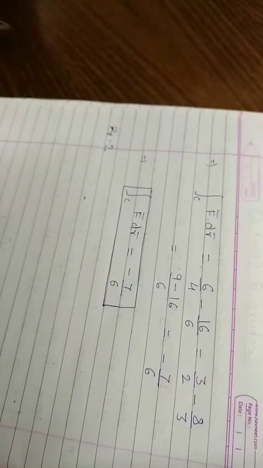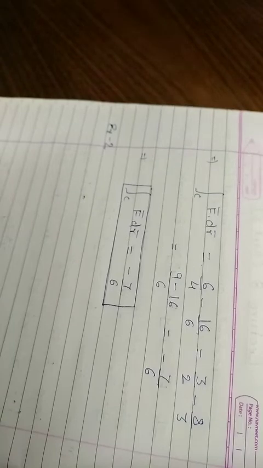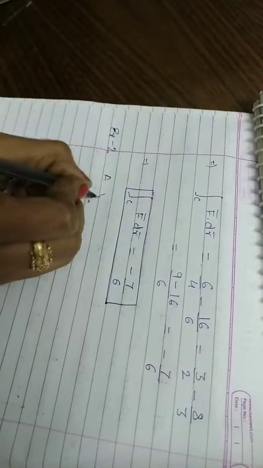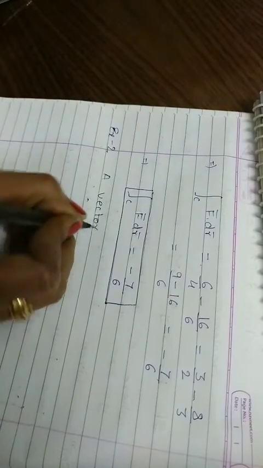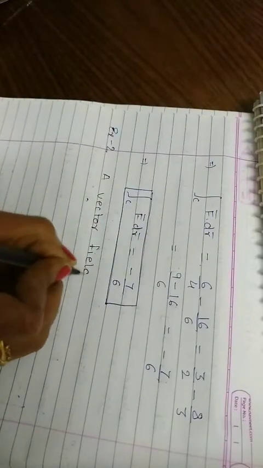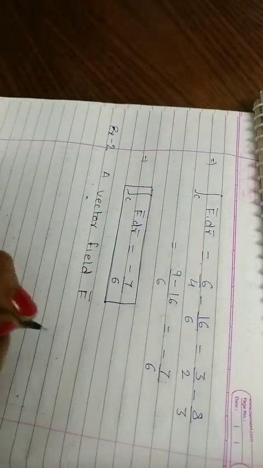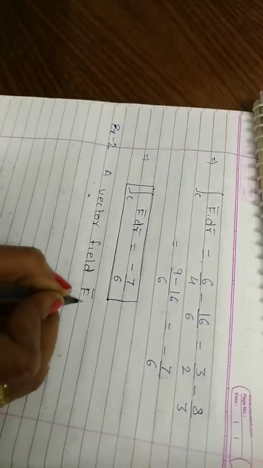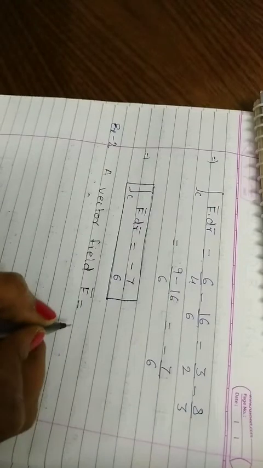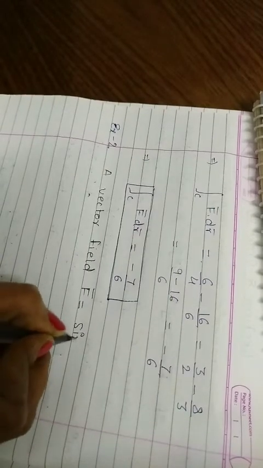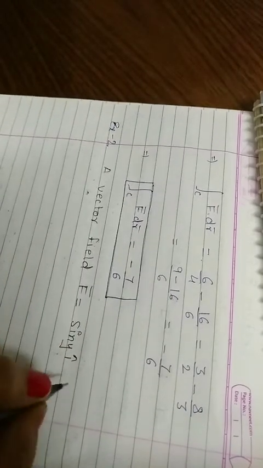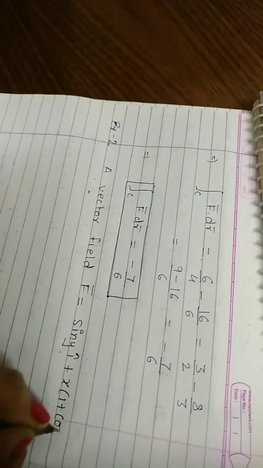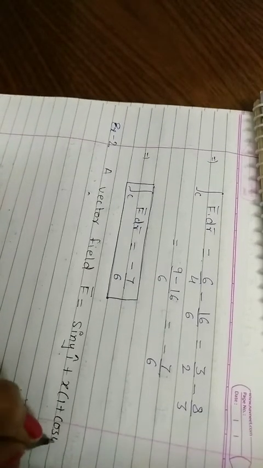A vector field f vector is given by sin y i plus x into 1 plus cos y j.